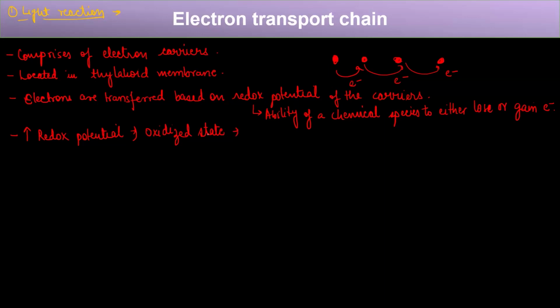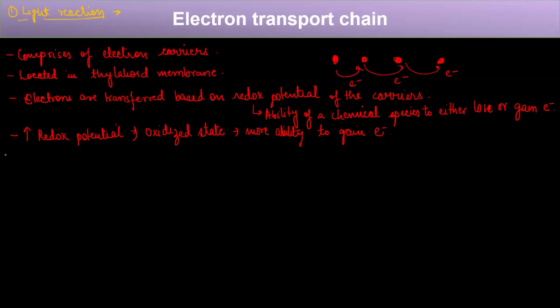Oxidation happens when there is loss of electrons, so if a species has lost electrons, it has more ability to gain electrons. So oxidized state means more ability to gain electrons.